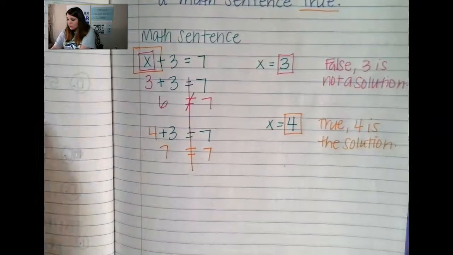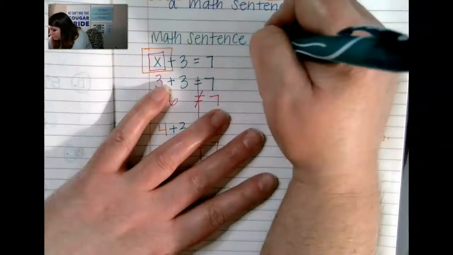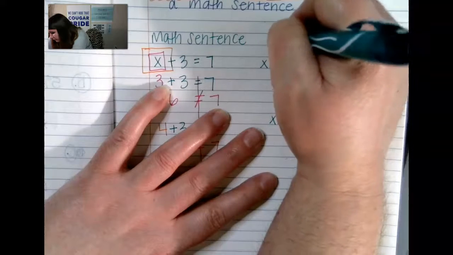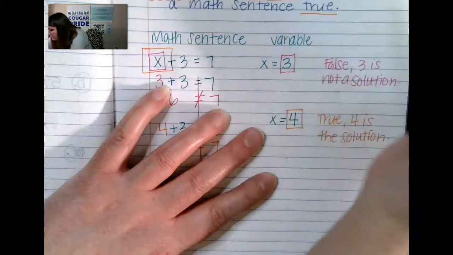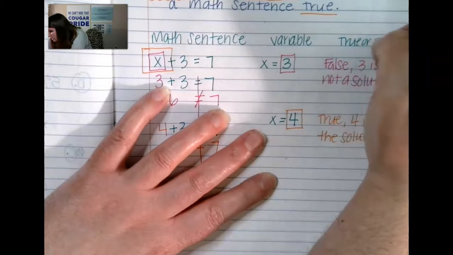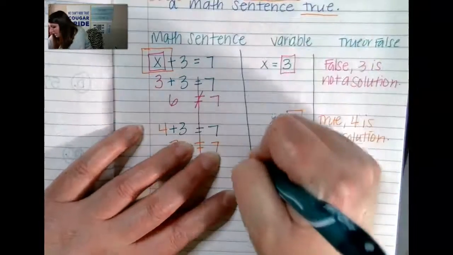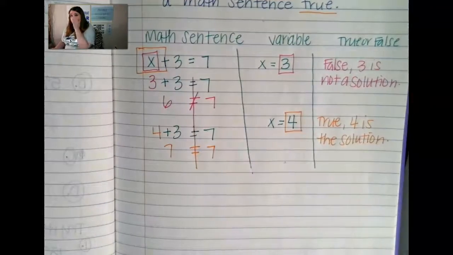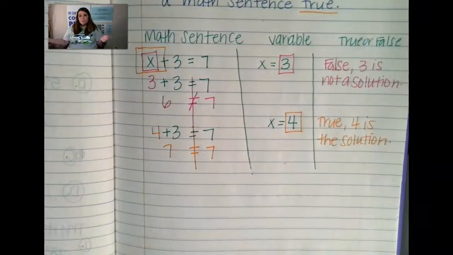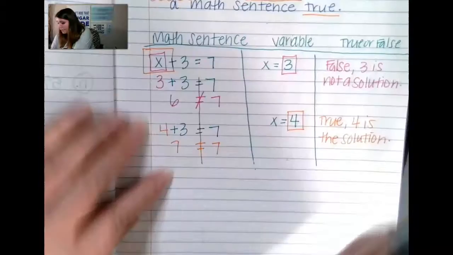So when we start to solve these problems, we have the variable, the variable value, and then true or false. You can think of this like a table. Is it true or is it false? So let's do another problem together.